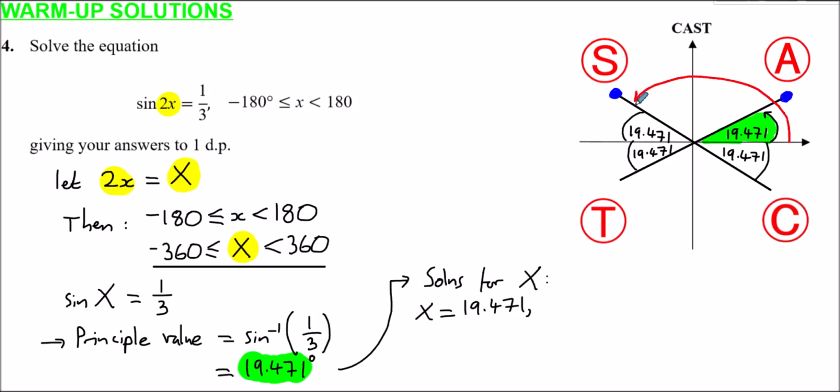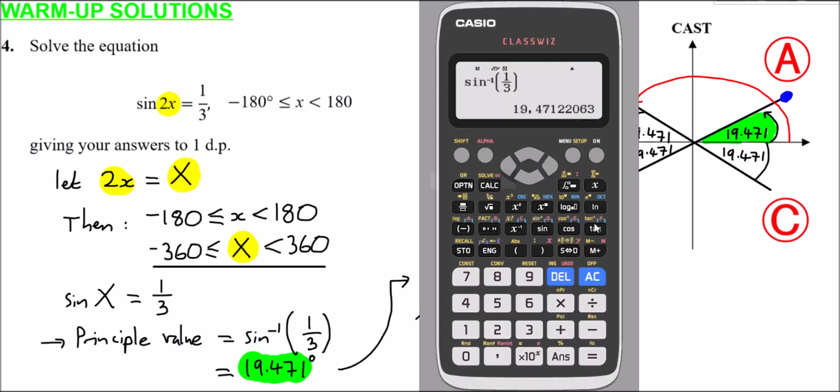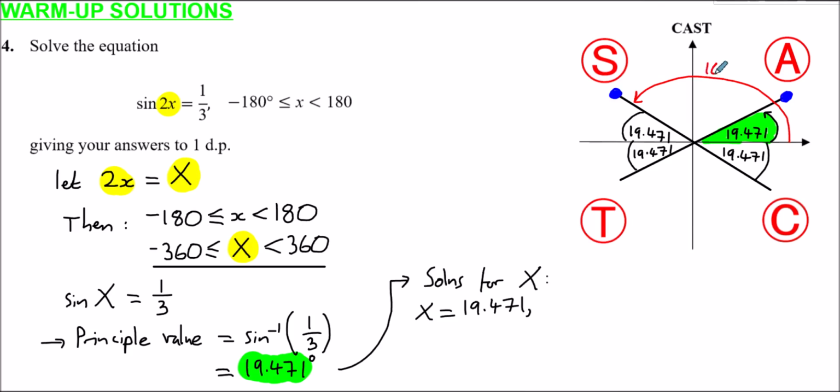That would take us to this value here in the second quadrant where S is also positive. So this angle here is 180 apart from this 19.471. So if I just did 180 minus 19.471, I see that it's 160.529. So that's a valid angle as well, so I can add this in.